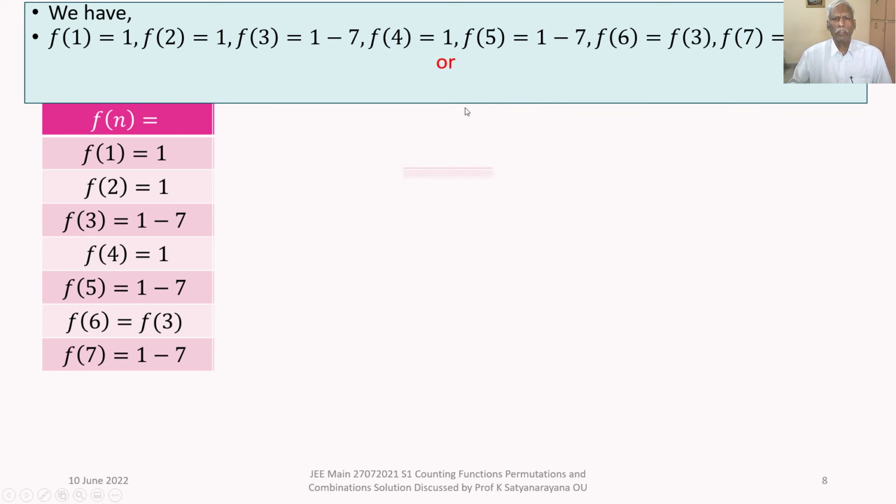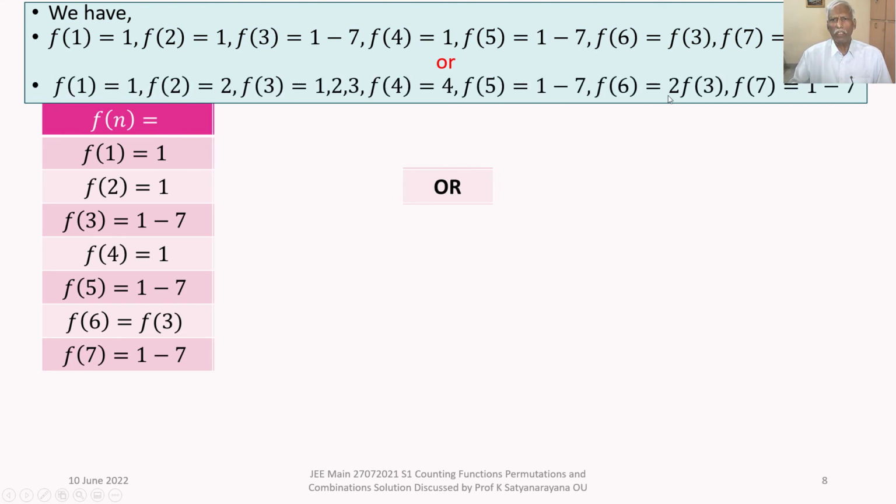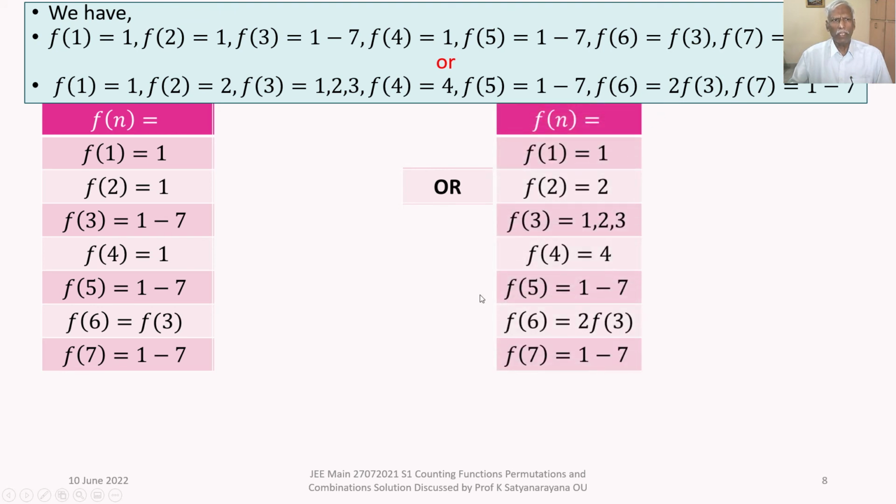Or the second branch, tabulated: f of 1 is 1, f of 2 is 2, f of 3 is 1 to 3, f of 4 is 4, f of 5 is 1 to 7, f of 6 is 2 times f of 3, f of 7 is 1 to 7.